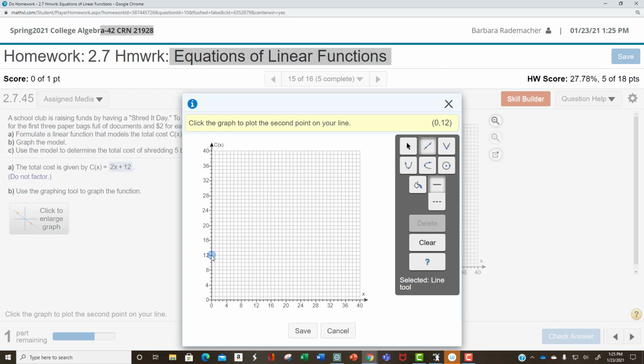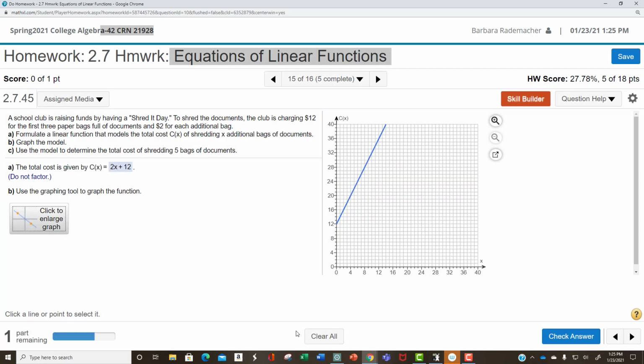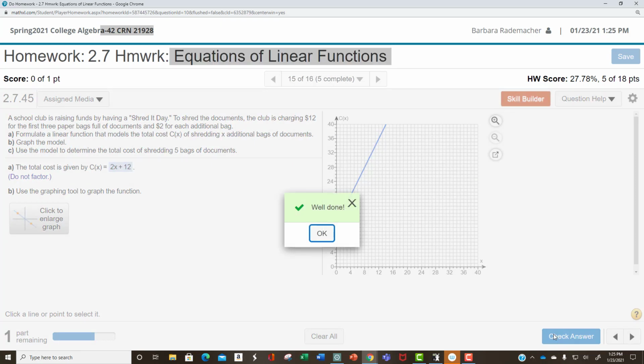Zero, 12. And then I'm going to go up 2 and over 1. Save it. Check it.